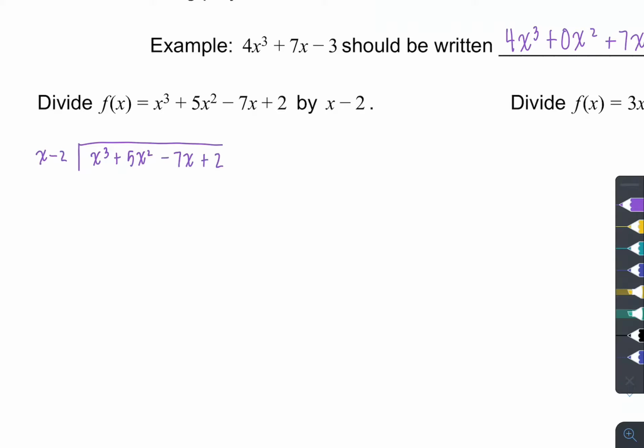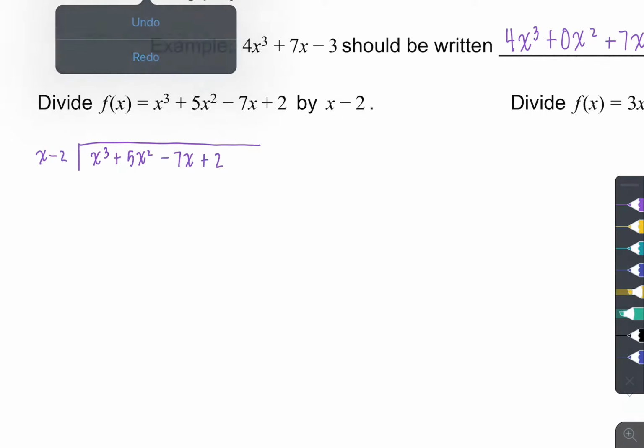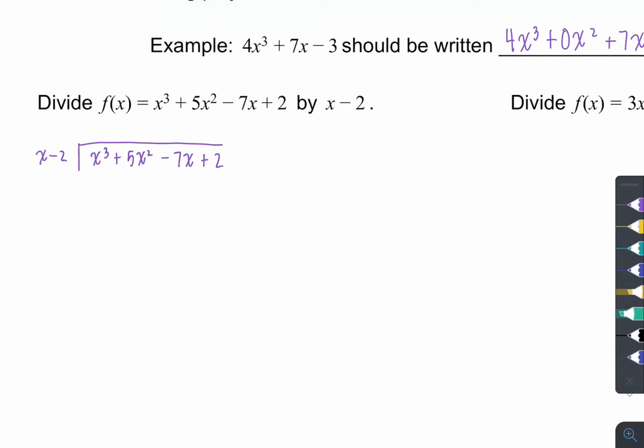So I'm going to ask myself, usually I just focus on the first part of the factor to divide.